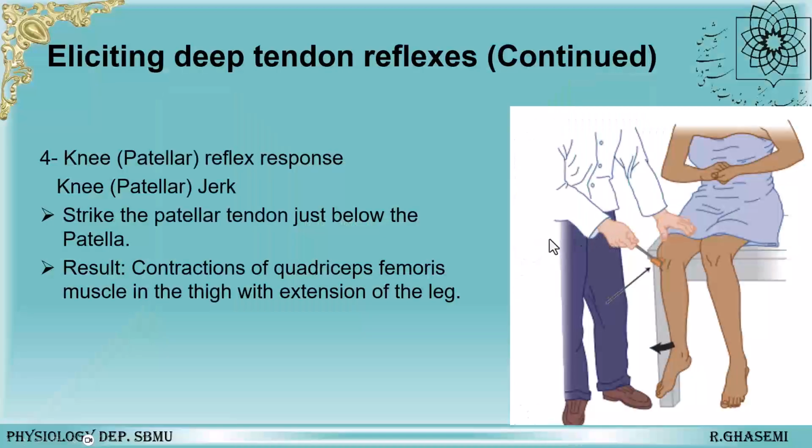For doing this knee jerk or patellar reflex, we should strike the patellar tendon just below the patella. Before, the patient should be placed and sit down in a comfortable way, so that the leg is completely relaxed. And when we strike the patellar tendon, the contraction of the quadriceps femoris muscle will show an extension in the leg.